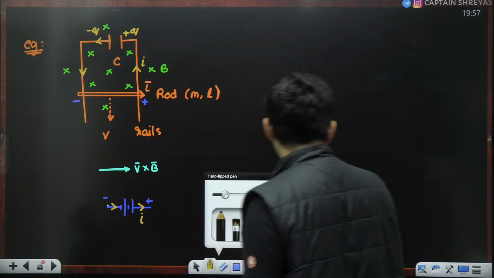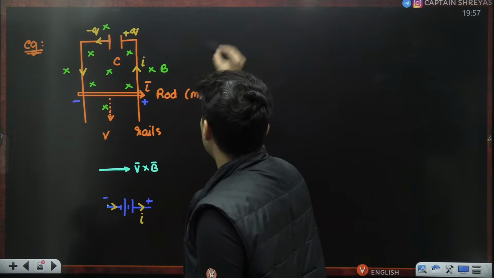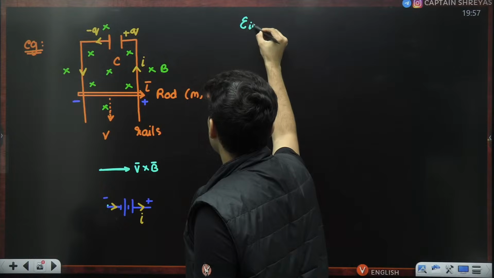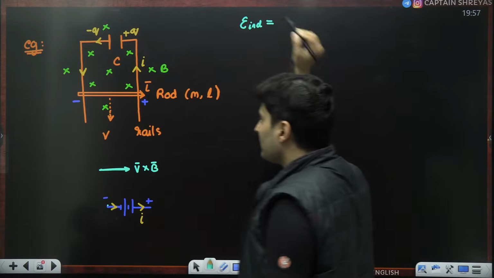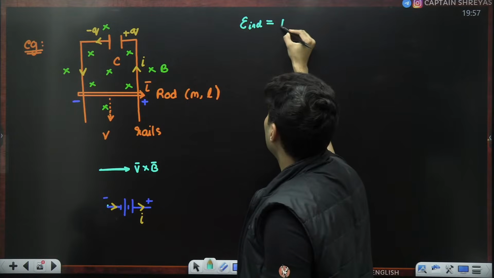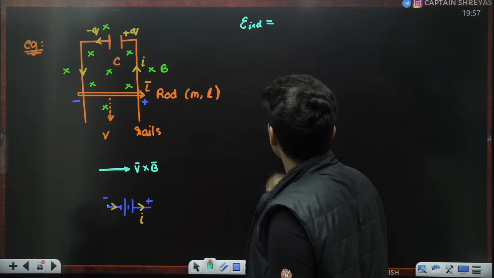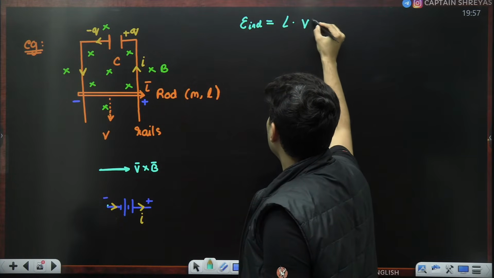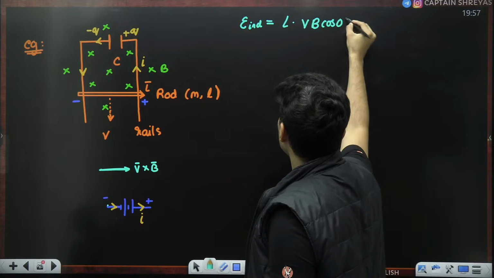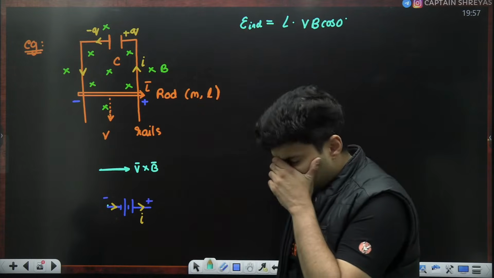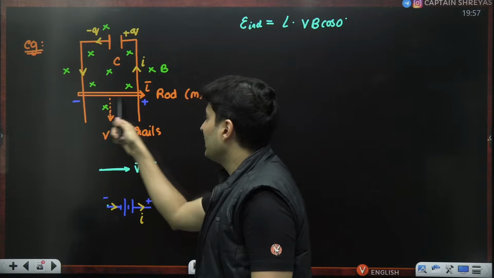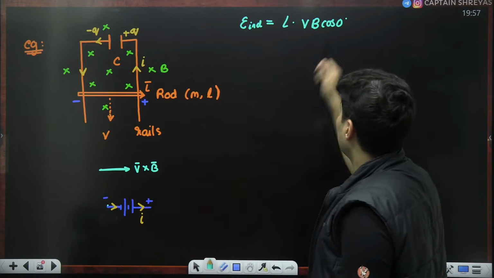If you ask me how much is the EMF generated, the induced EMF which is being created, the answer to that will be L into V into B into cos 0, because V cross B and the length vector are parallel to each other. Parallel means cos 0.